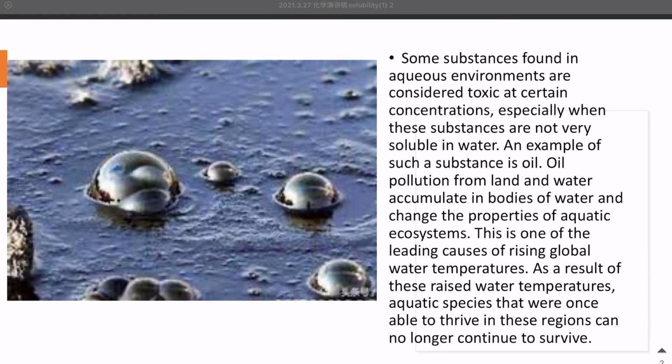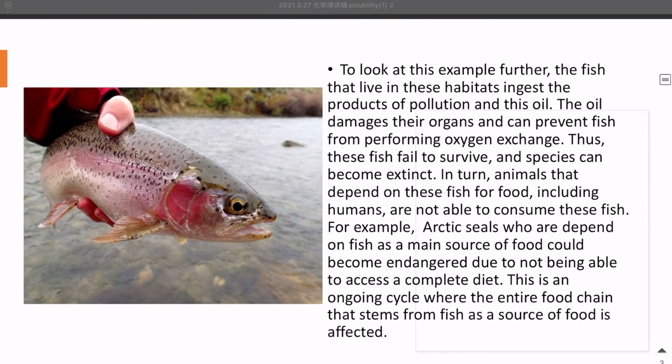As a result of these rising water temperatures, aquatic species that were once able to thrive in these regions can no longer continue to survive. To look at this example further, the fish that live in these habitats ingest the product of pollution and this oil.